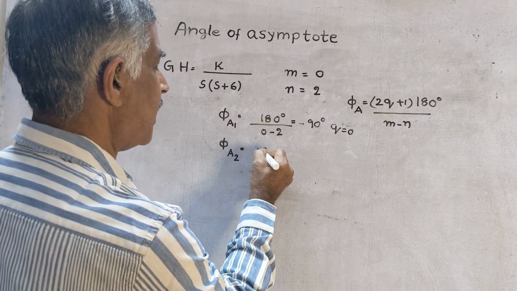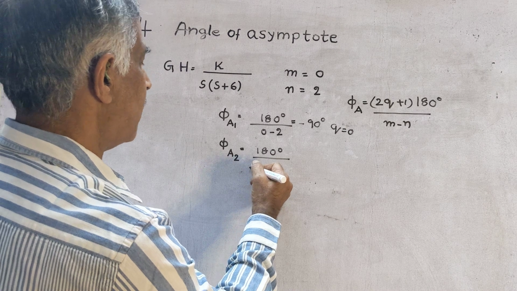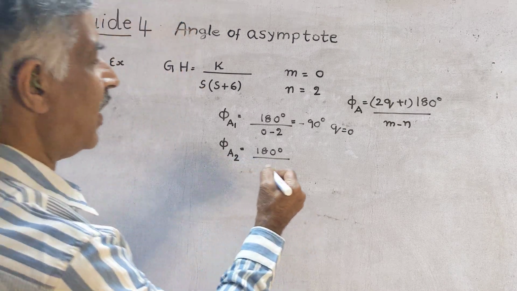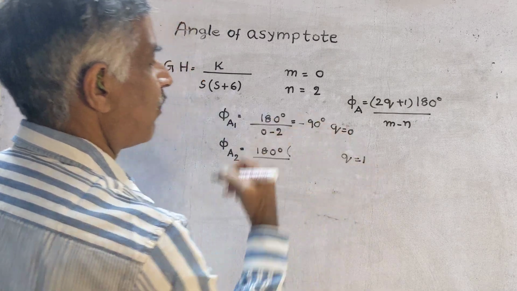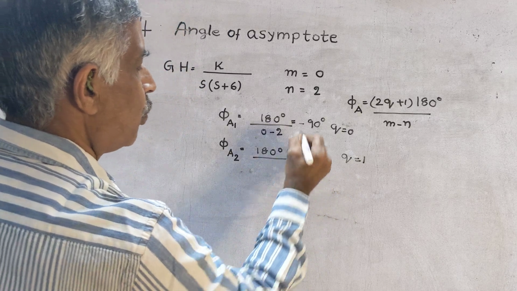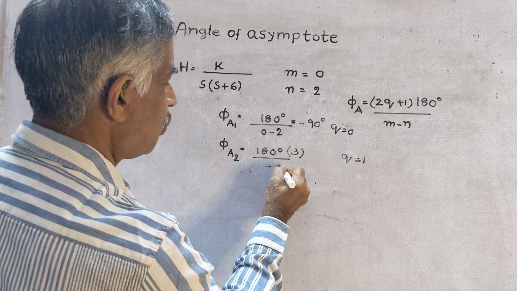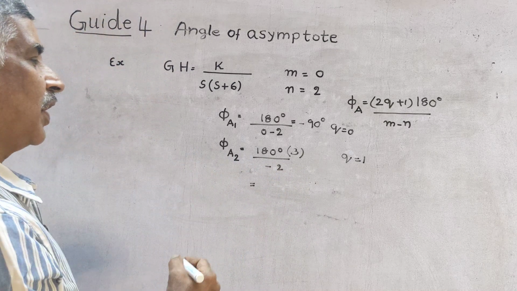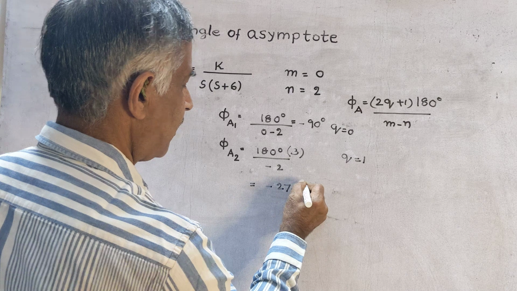Phi a2 is equal to 180 degrees times, now here we have to take q equal to 1. That is 2 plus 1, that is 3, divided by minus 2, that is minus 270 degrees.